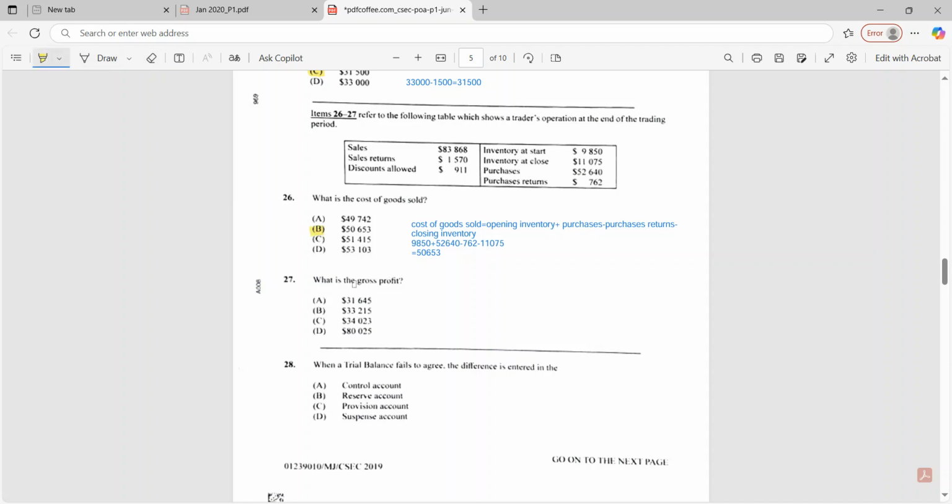What is the gross profit? So how do we find gross profit? It is sales minus cost of goods sold. Good. But we also have a sales return, so we have to keep that in mind as well.